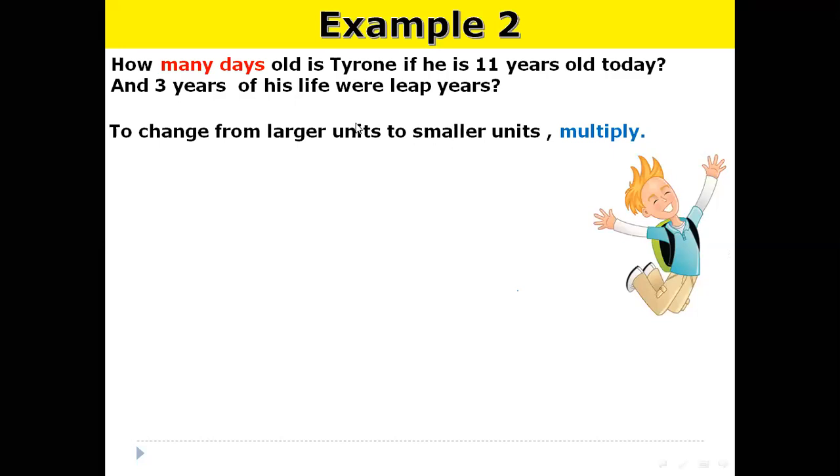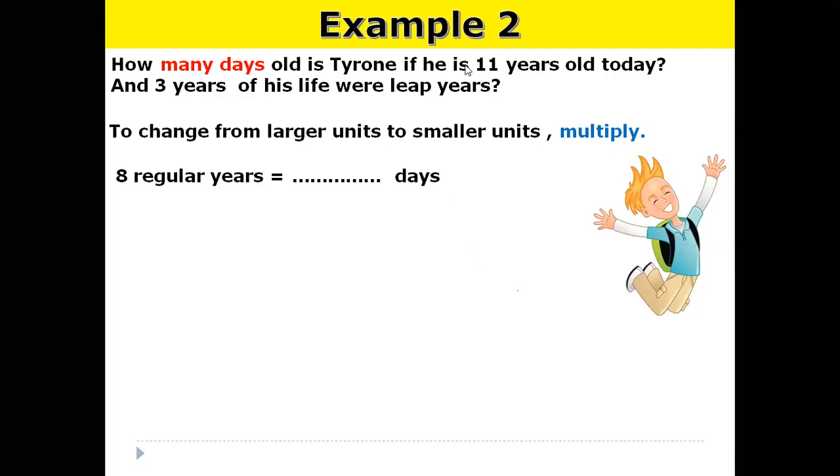If we have an ordinary year, we multiply by 365. But if we have a leap year, we multiply by 366. So here, in the 11 years, 3 of them are leap years. So how many years are left that are regular years? 11 minus 3 is 8. So 8 years are regular.